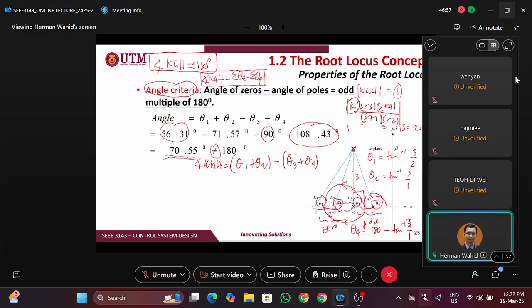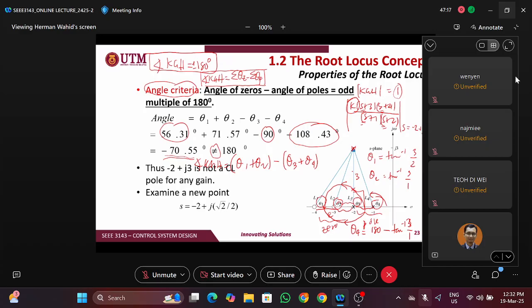If, let's say, the pole is here, then probably it is part of the root locus. But now the testing point is far away from the root locus of the system. That's why it is not fulfilling the angle criteria that we have examined just now.